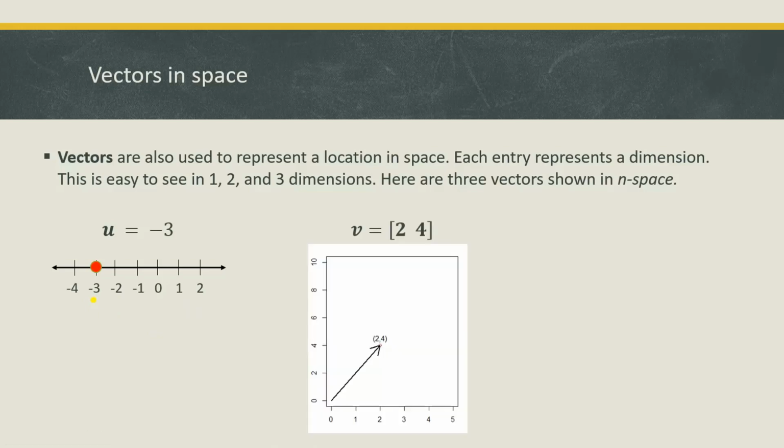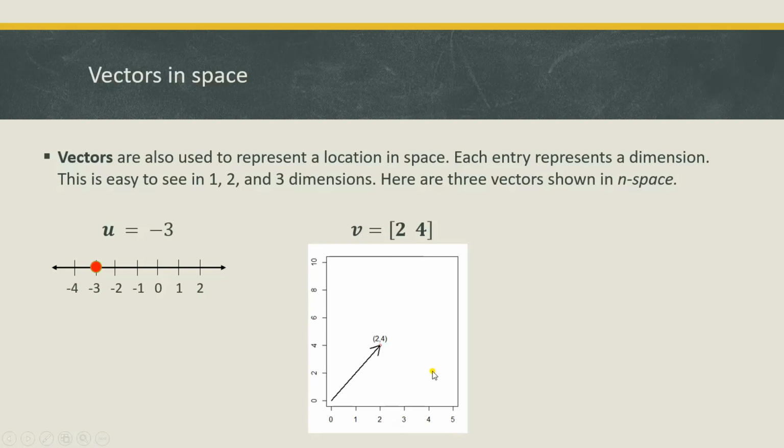Now you might be familiar from your algebra course with a two-dimensional representation. So this would be two space. Vector v has two elements, 2 and 4. From your algebra class, you'd be used to seeing those written in a set of parentheses with a comma between them. We call them ordered pairs in more of an algebra setting. And the first one would represent your quote-unquote x coordinate, and the second one would be your y coordinate, or your horizontal coordinate followed by your vertical coordinate.